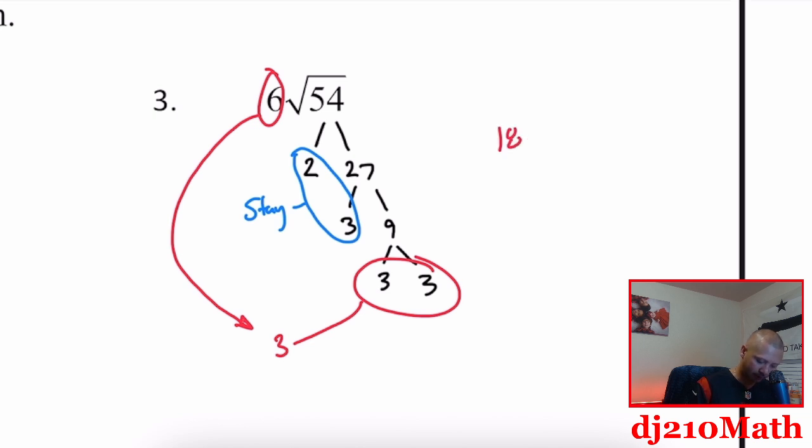So 18 square root, and the part that stays inside is 2 times 3, so 6. This is 18 root 6. So pairs leave as 1. If multiple pairs leave, you multiply them together. If there's something outside, you multiply it by that. And all the singles that are left behind get multiplied and stay inside.